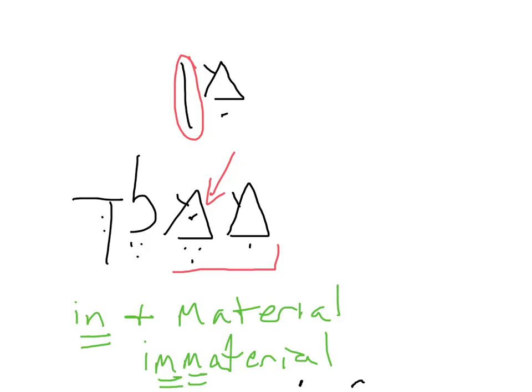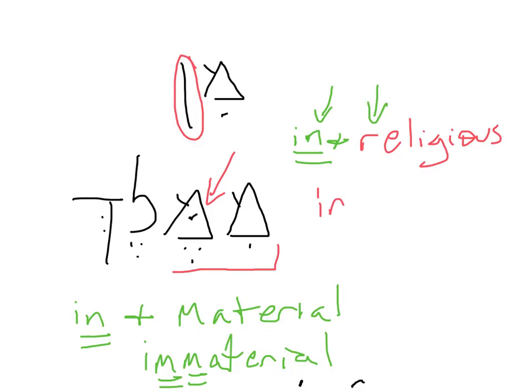Or let's take the word religious. Now these days, there are people that are not religious. So let's say we wanted to add an N, an in, a Latin N, to negate the word religious. Well, the N is going to assimilate and become an R, so that we have the word irreligious.